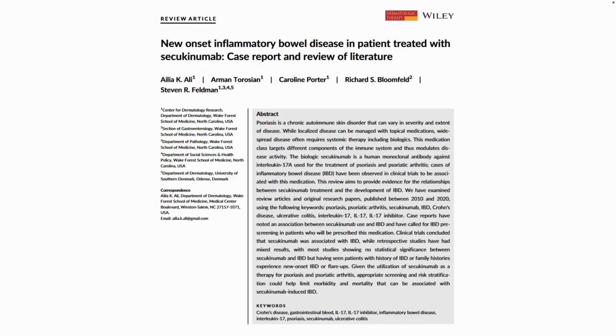But then this case report shows that secukinumab can actually trigger inflammatory bowel disease, which is kind of interesting because psoriasis is an autoimmune disease, and you use a drug to lower the immune activity, but then a drug that lowers immune activity actually triggers inflammatory bowel disease. I found it very weird and interesting.